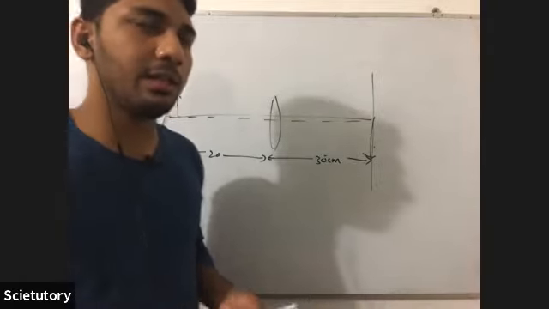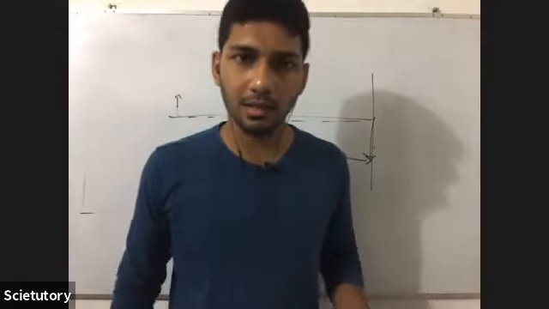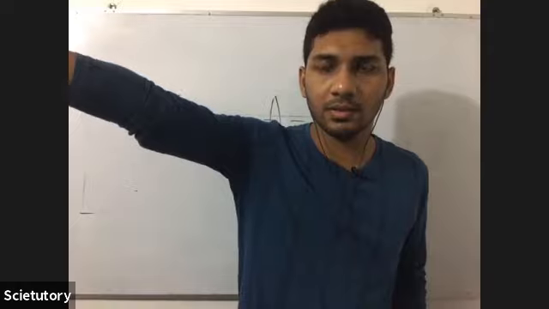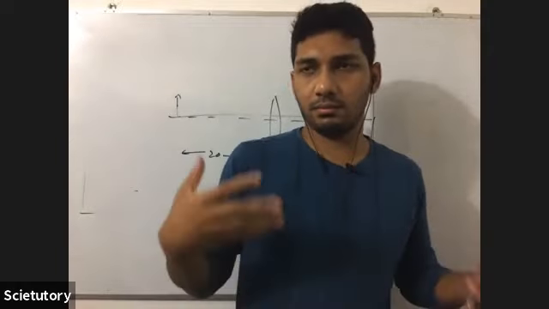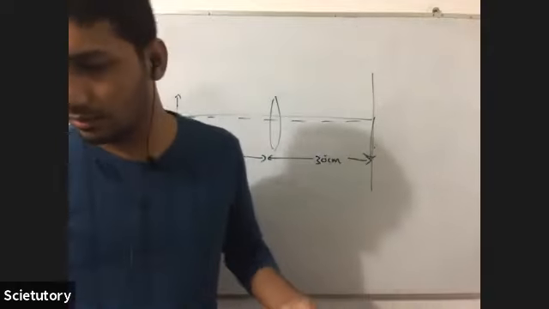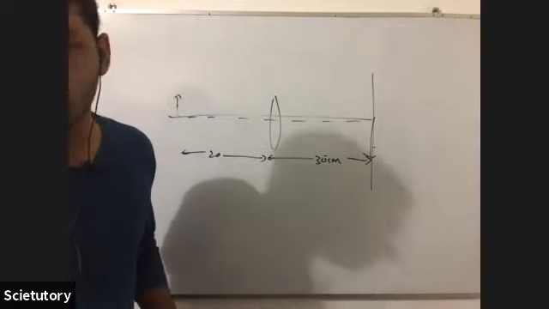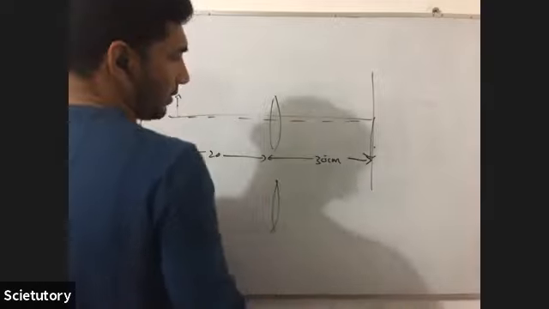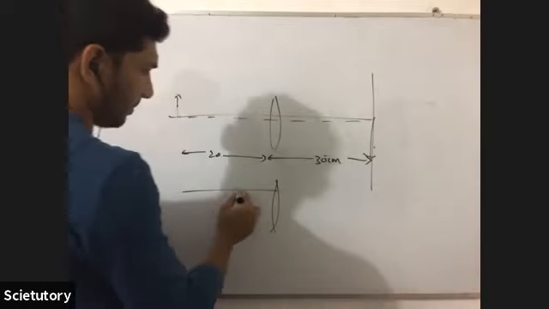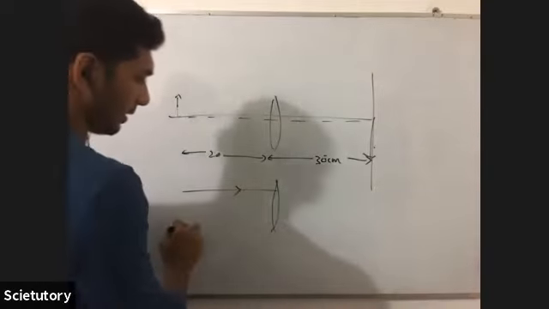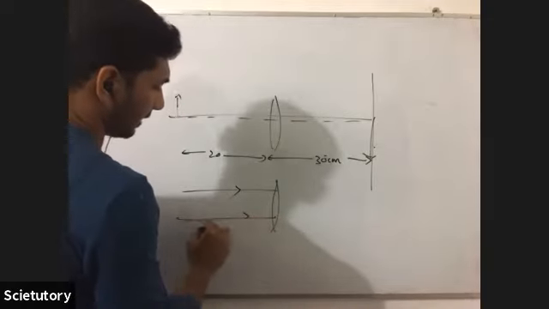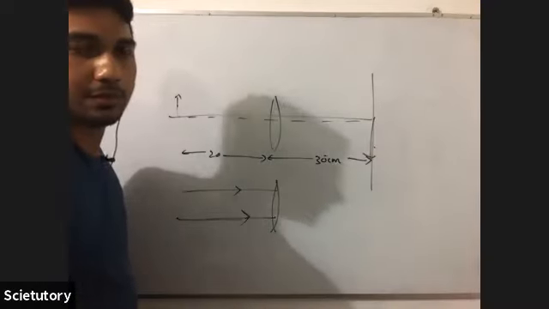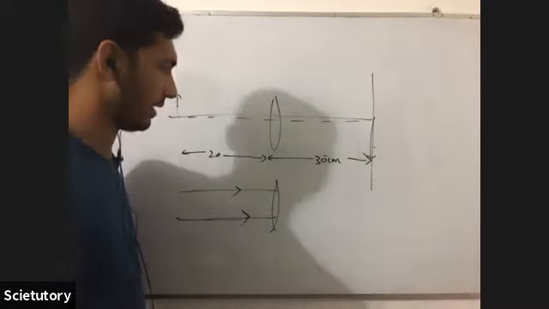And when you're observing the image of a distant tree, distant means it is at infinity. So what can you say about this? Where would the image be formed? If we have the object at infinity, you get parallel rays.